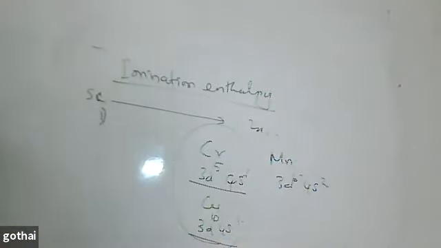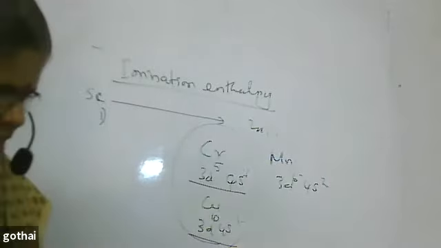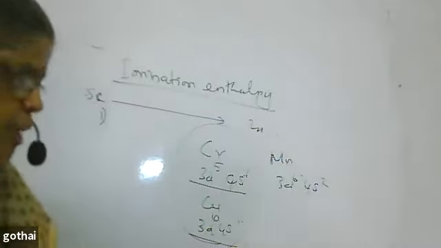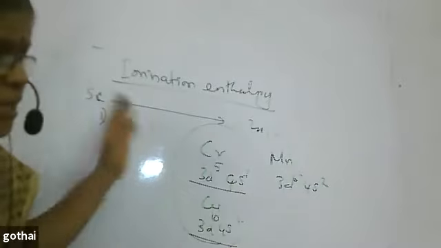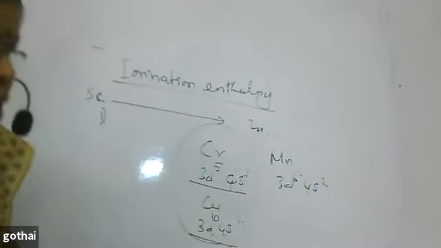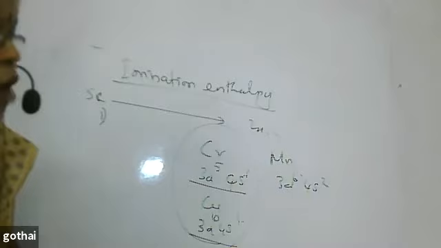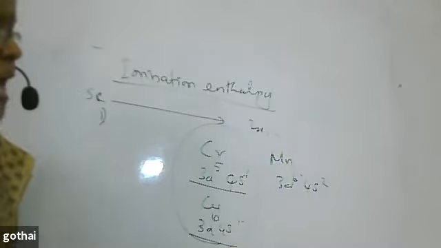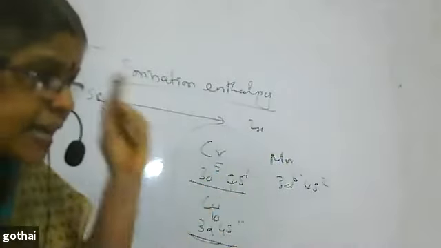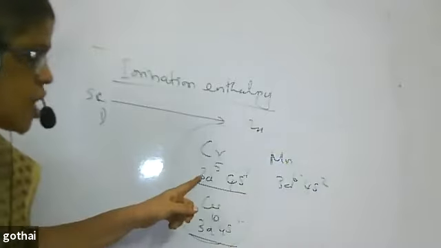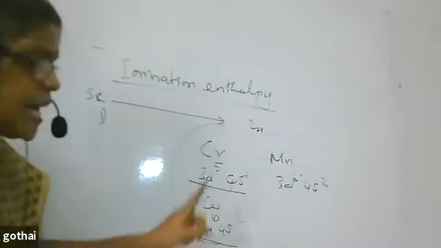You write that down, that is enough. If you go to your book, it will deal with various things that you won't understand. The simplest way to account for it: the irregularity in the ionization enthalpy of 3d series is due to extra stability that arises due to the configurations of 3d5 4s1, 3d10 4s1.